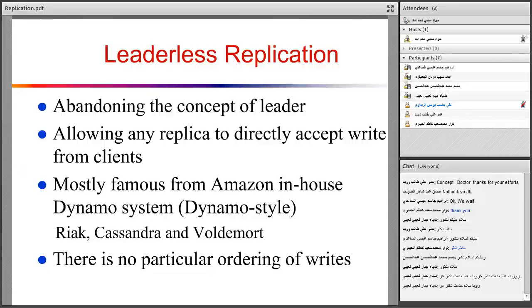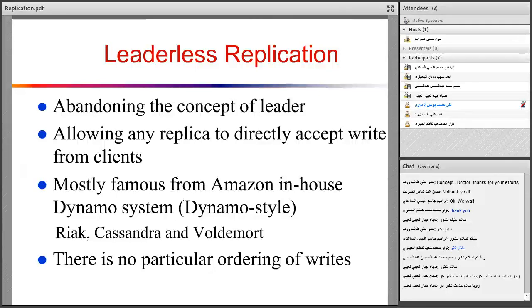In this type of replication, any replica can directly accept writes from clients. So the write request from the clients can be sent to any replica, and the replica can accept the write which is received from the clients.